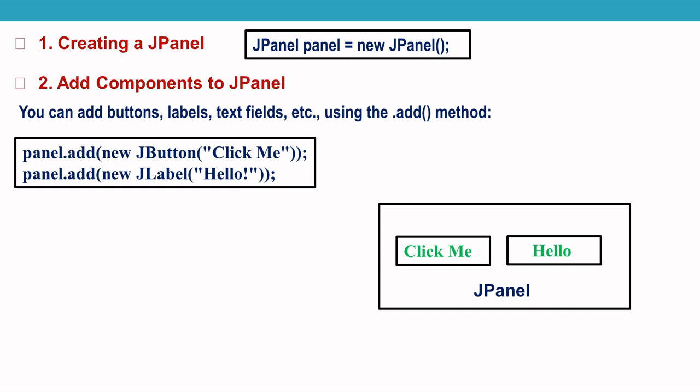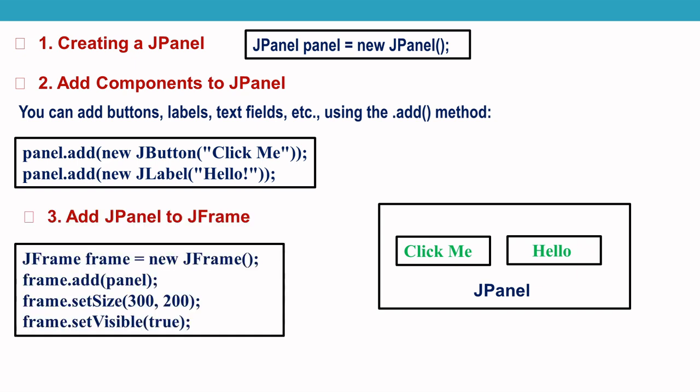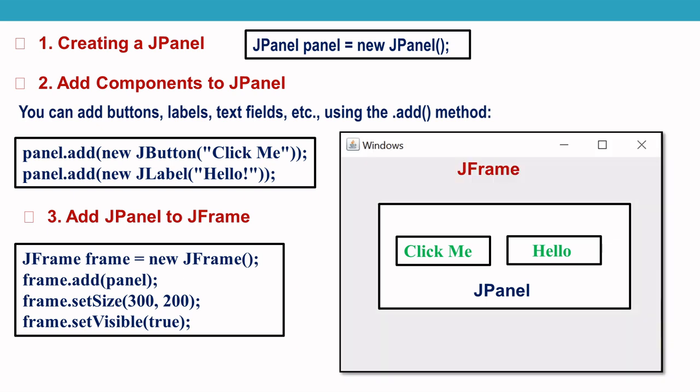After creating this JPanel, we can add it into the JFrame using the add method, that is, into the top level container. Firstly, create the JPanel, then add components inside it, and then add this JPanel into the JFrame for organizing the layout.